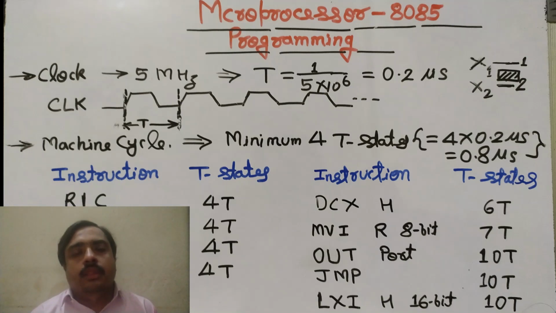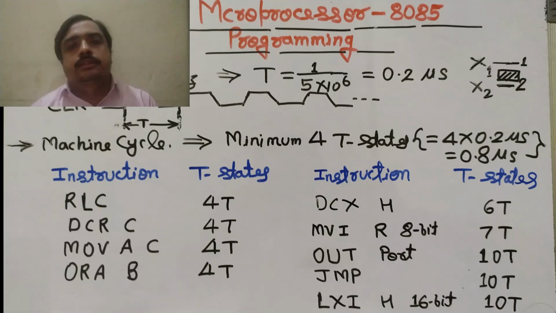First of all, data transfer instructions and rotate instructions, meaning RLC, RAL, etc., all rotate instructions. All these instructions consume 4 T states.